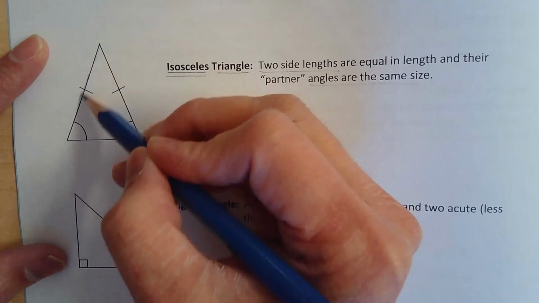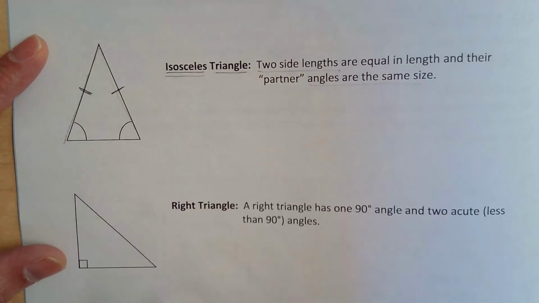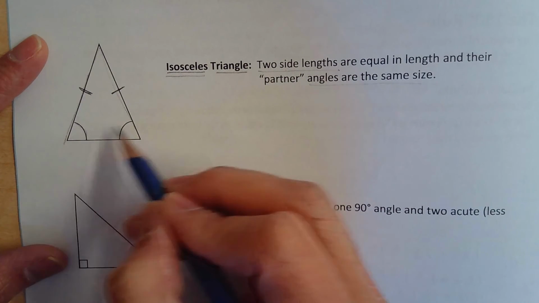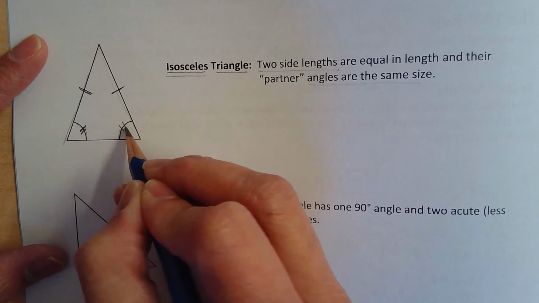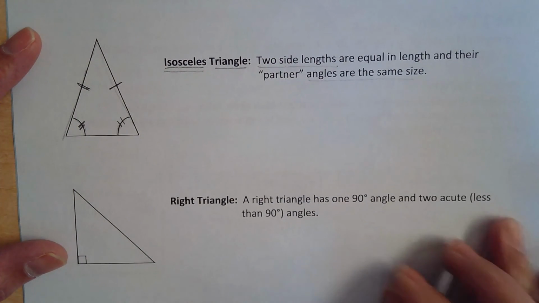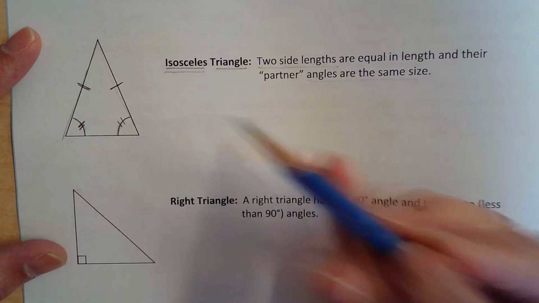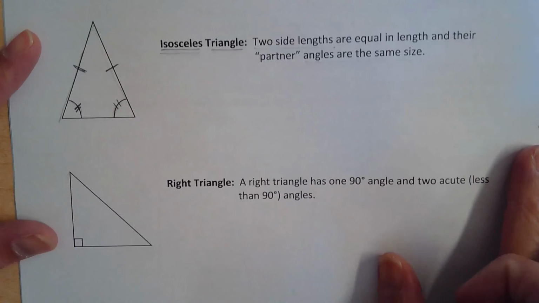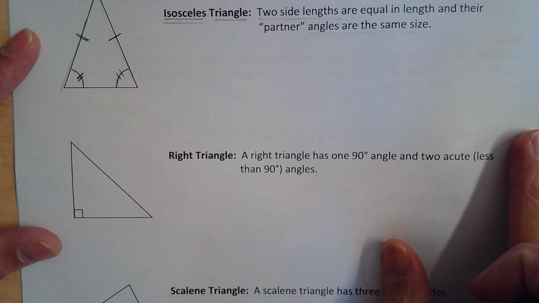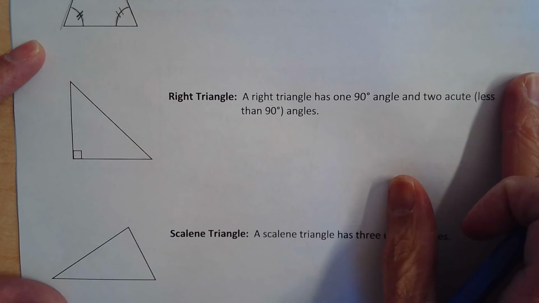So these two sides are equal, and then these two base angles are equal. Now I don't have specific values for those because we don't know how big they are. That's an isosceles triangle.